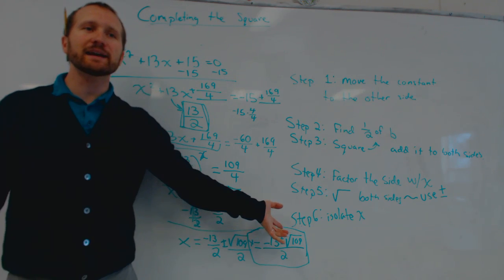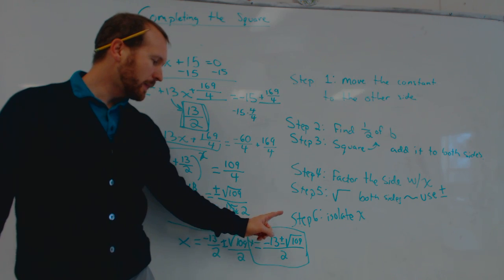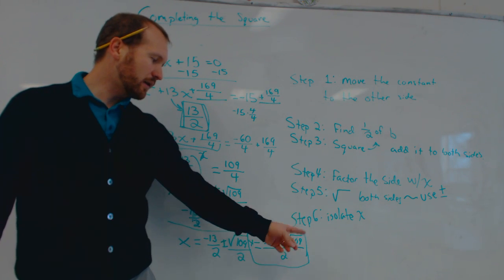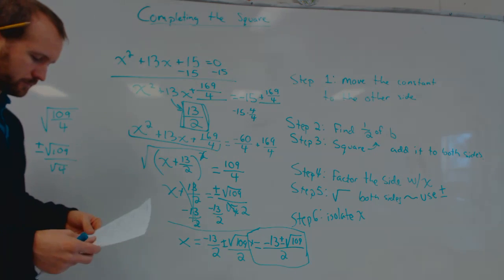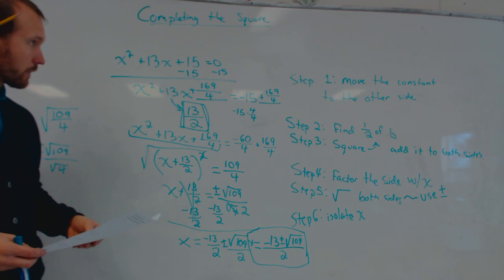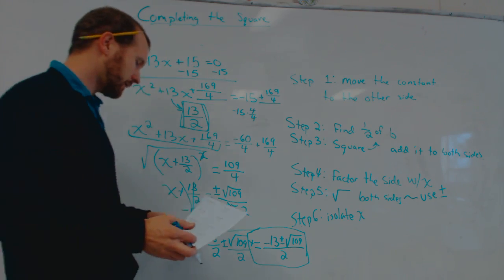Now, we could take a calculator and do negative 13 plus the square root of 109, and then divide that by 2. The square root of 109 is 10.440306. So what would be your final answer then?